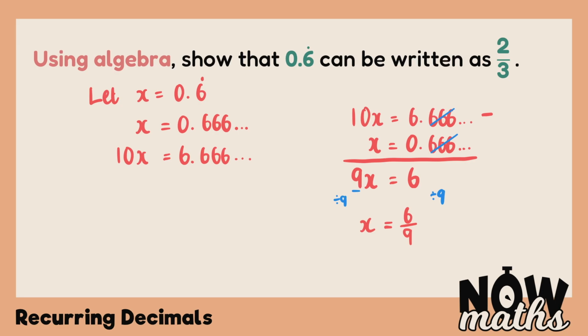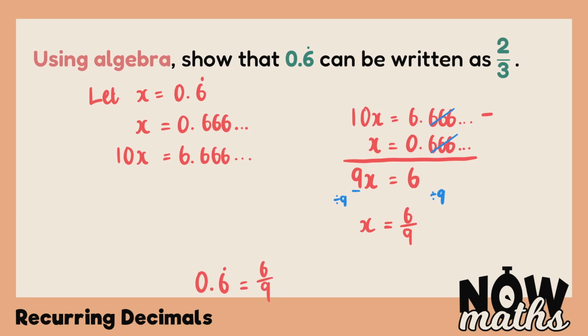Originally, we labelled 0.6 recurring as x, and we've ended up with 6/9 being x, which tells us that actually 0.6 recurring must be the same thing as 6/9.